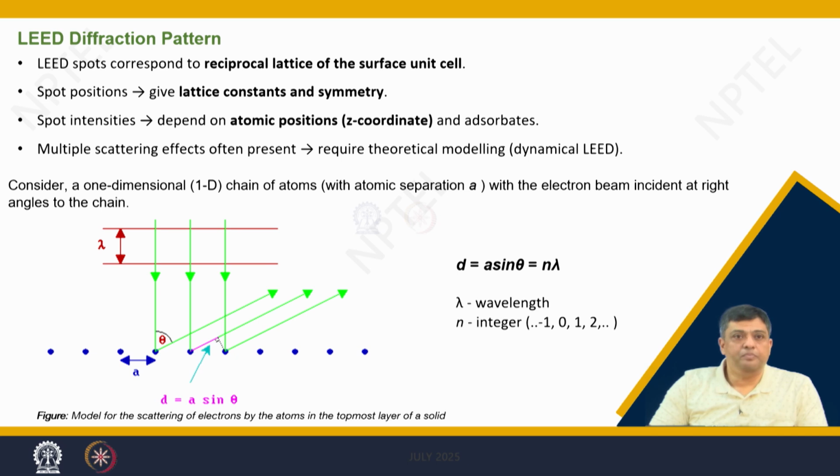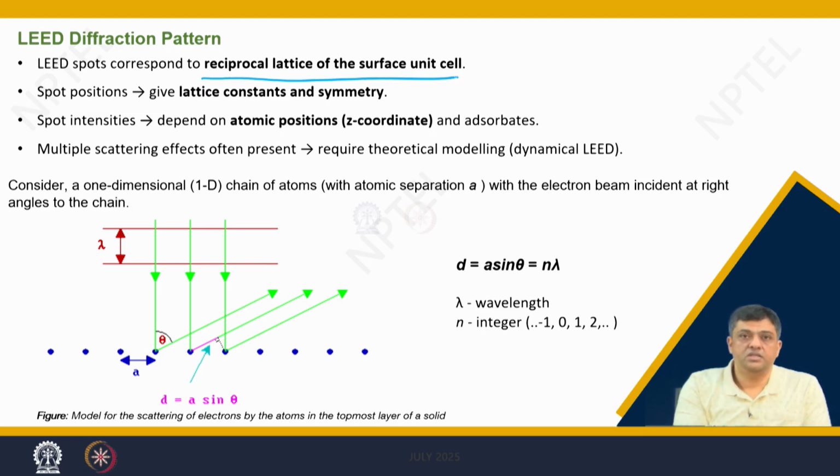The LEED diffraction pattern corresponds to what? It corresponds to the reciprocal lattice of the surface unit, and the spot position will give you the lattice constant and symmetry, whereas the intensities will depend on the z coordinate and adsorbates.